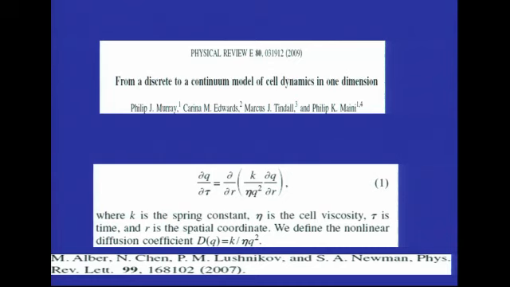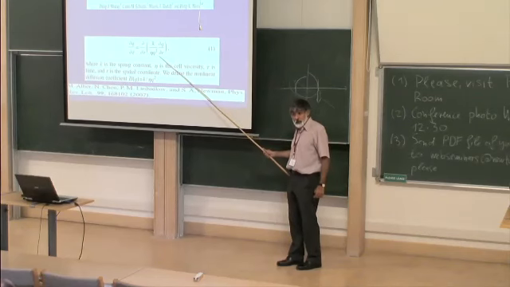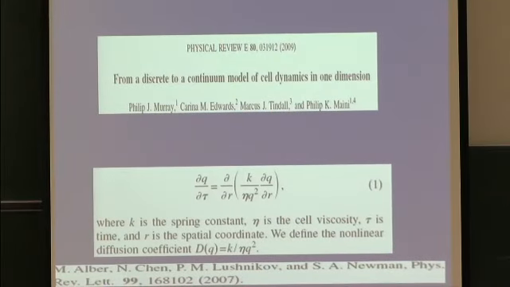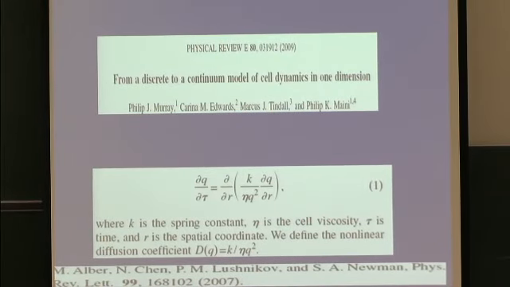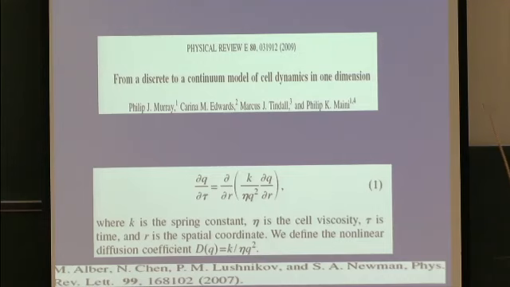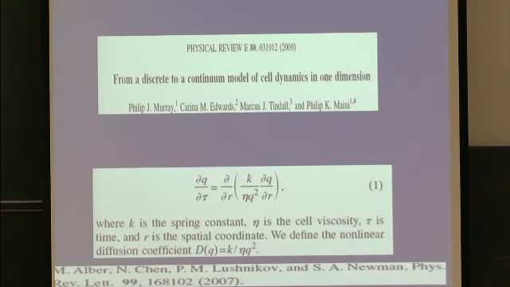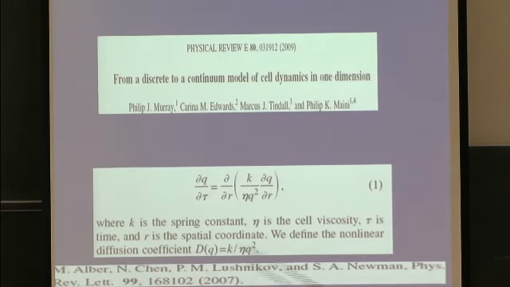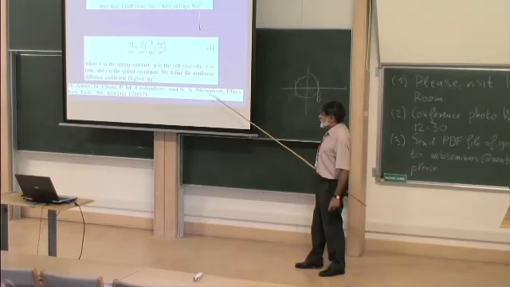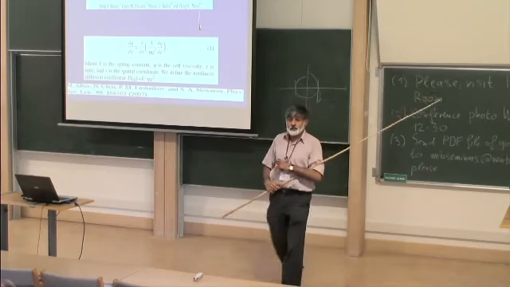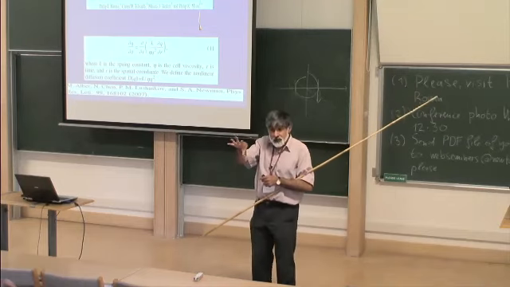What you can see here, for example, is this model doesn't make sense if Q goes to 0. That corresponds to the cells being very, very far apart, which actually wouldn't happen in real life in this system. Now, in the meantime, people like Mark Alber up at Notre Dame in the US have been using a statistical mechanics type approach to look at the model of moving down the potential gradient.